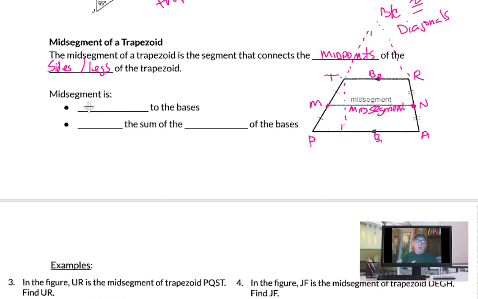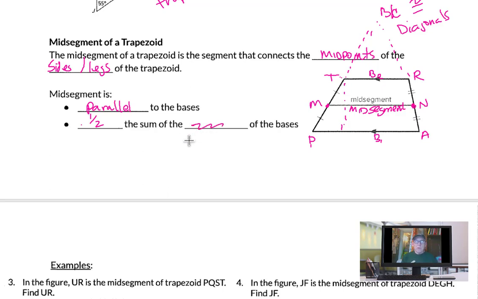So the mid-segment is parallel to the bases, and it is equal to half the sum, which is the average idea, half of the sum of the bases. Yeah, just half the sum of the bases.